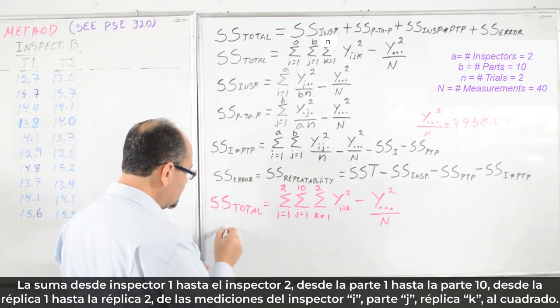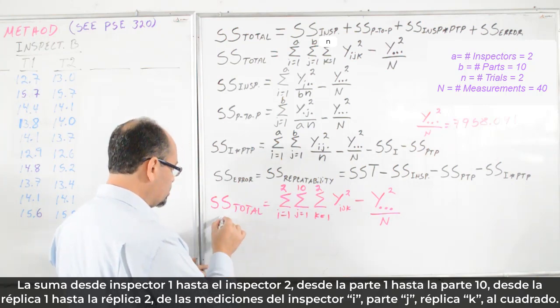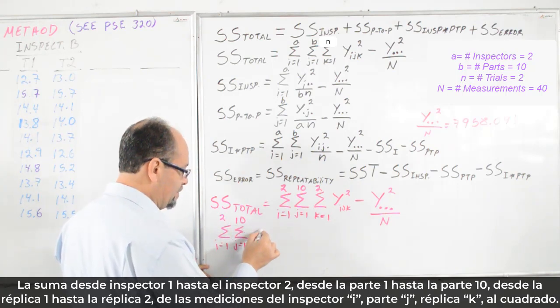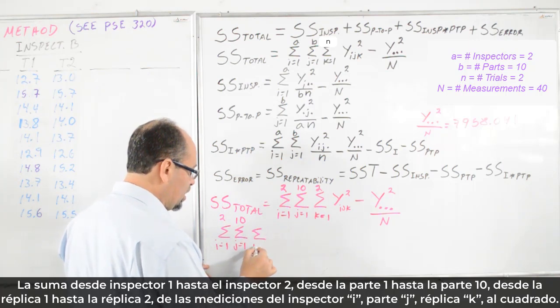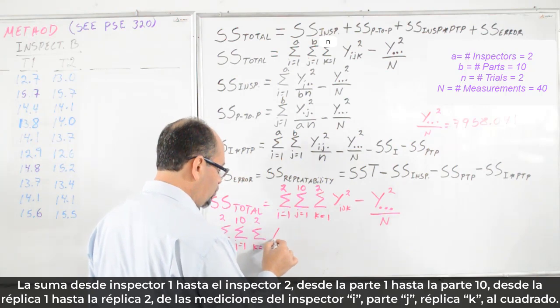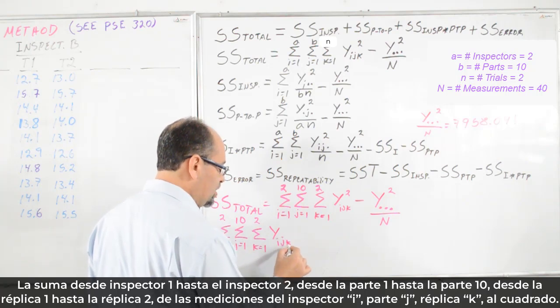So, the sum from inspector 1 to inspector 2, from part 1 to part 10, from trial 1 to trial 2 of the measurement inspector I, part J, trial K, squared.